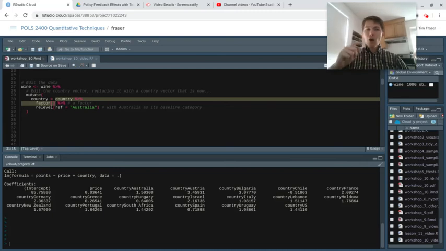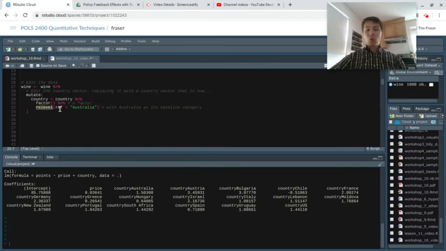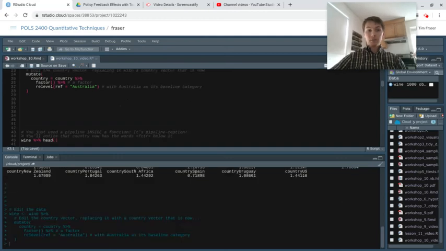But once you've made it a factor, I don't want Argentina to be the baseline anymore. I want Australia to be the baseline now. We do that by saying relevel where the reference, the baseline value, is Australia. And we save it back into wine so that wine is permanently changed.